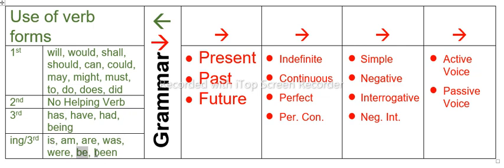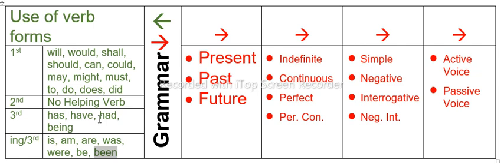Now, been. Been is a third form, and it sits in the third form row, you can say. So it can be has been, have been, had been. We cannot say being been because being is the last helping verb. After being, no helping verb can be used, and only third form is written after being.